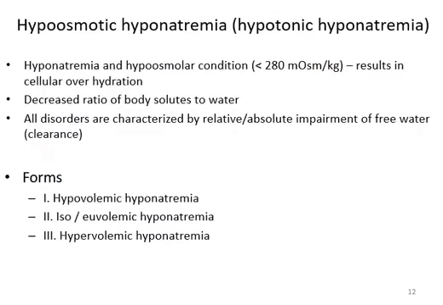Hypoosmotic hyponatremia is the third group of hyponatremic conditions. In that disorder, hypotonicity is the most important characteristic feature which accompanies hyponatremia, and they can be grouped into three groups, as I mentioned previously.